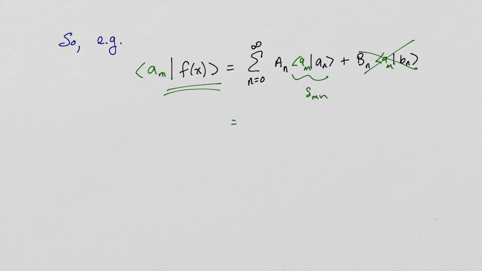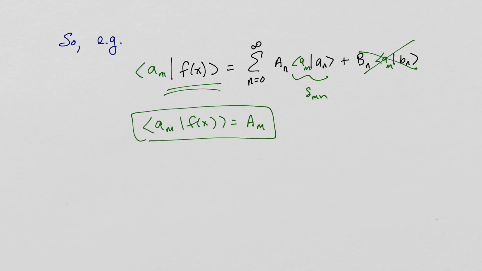The Kronecker delta collapses my sum to just pick out the n equals m term, and I get that a sub m is f of x dotted with a sub m. And of course, if I use my definition of the dot product, this is the integral of a sub m, which is the square root of 2 over L times sine of 2 pi over L m x, times f of x dx from 0 to L, is equal to a sub m.